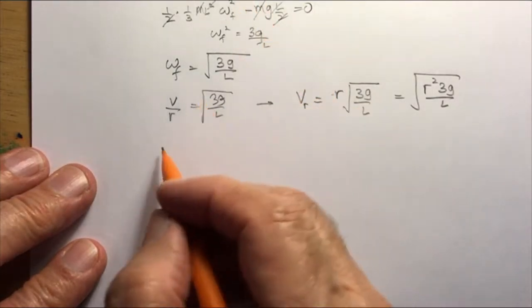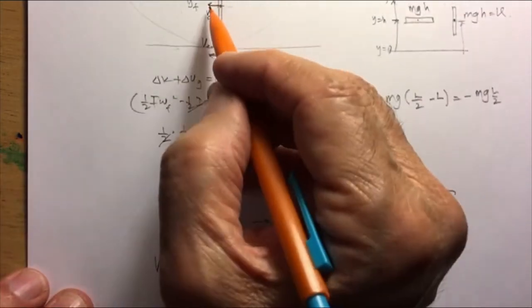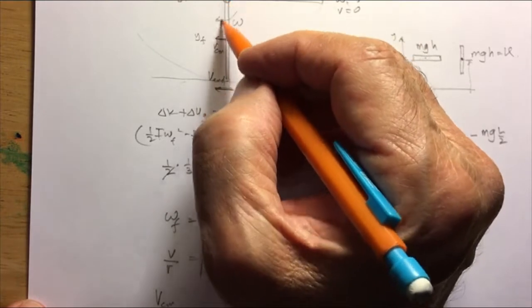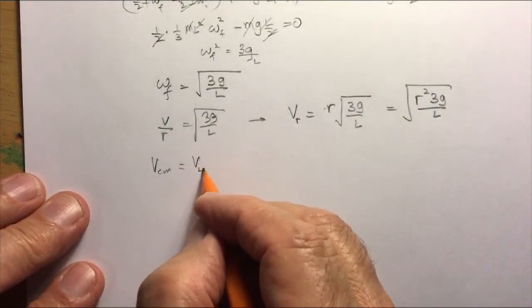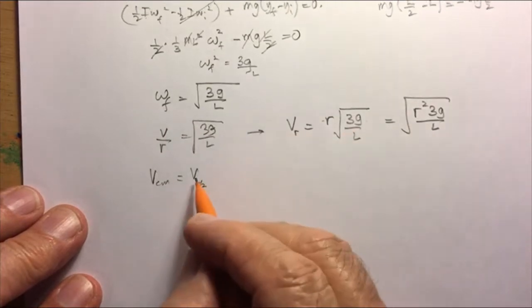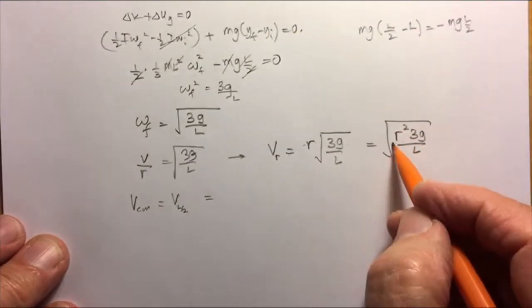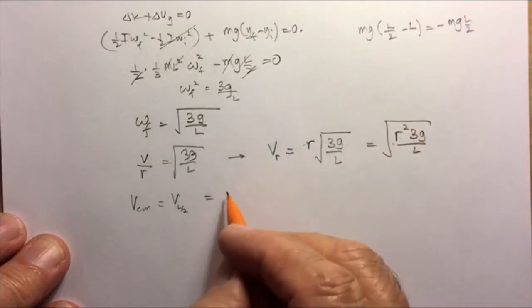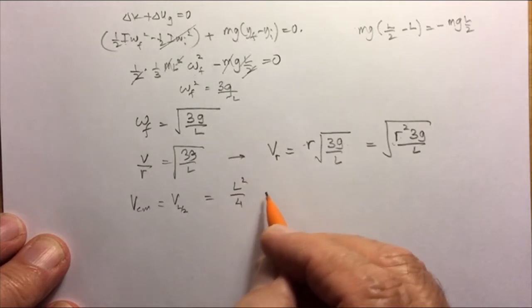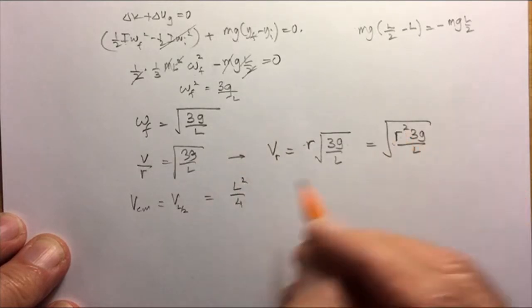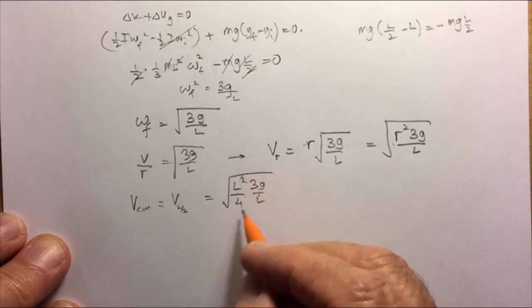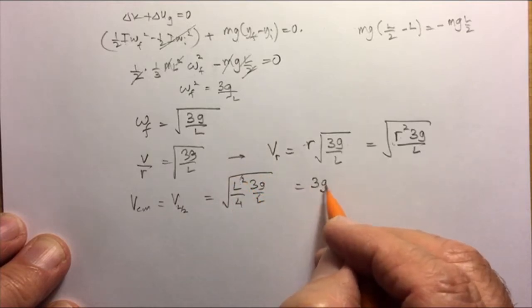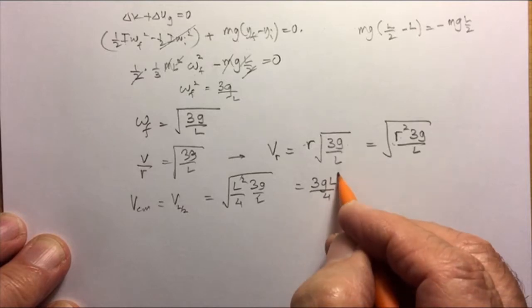Now the v at the center of mass, so we want to find the v here. The r is going to be this distance, which is L by 2. So that's going to be v at L by 2. So we replace r with L by 2. It becomes L squared by 4, because it's squared, times 3g over L. The L will cancel, it becomes the square root of 3gL over 4.